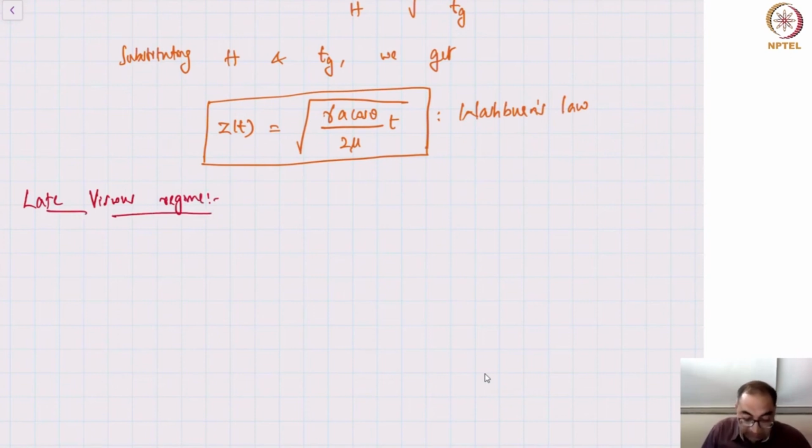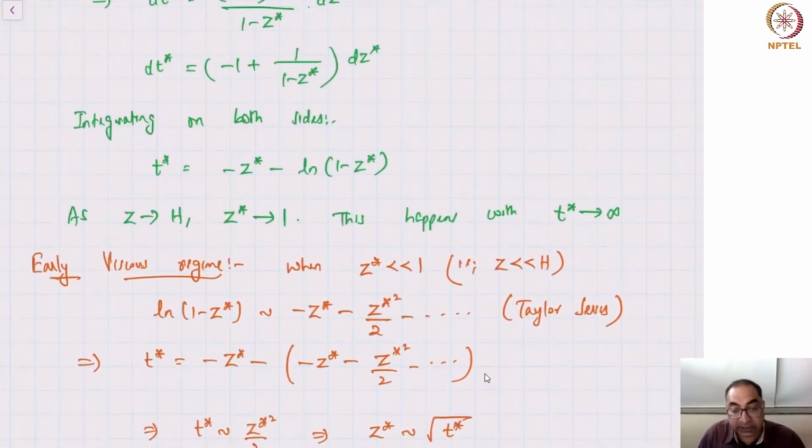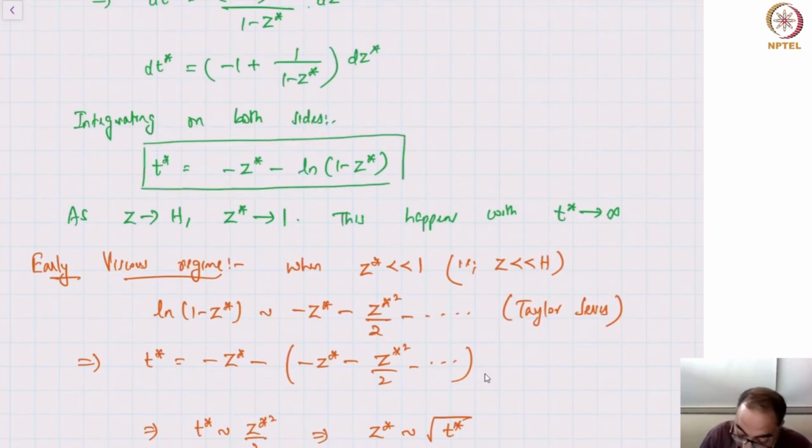In this regime, basically Z star is much closer to 1, or rather I should say Z star approaches 1 from below, okay. And if you look at this equation that I have in green, T star, let me highlight that equation.